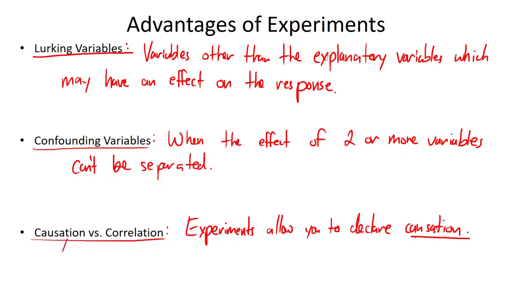Yeah, so causation is when one variable causes another to change. So in causation, if you do this, this will happen, and it's because you did this. There's a causal relationship.